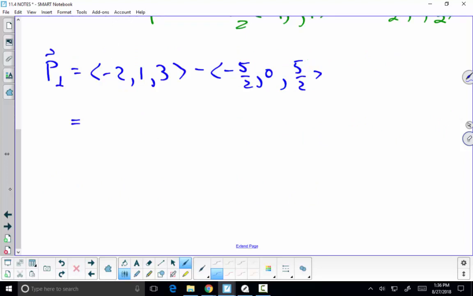So we have 2 plus 2.5, that's 4.5. And then 1 minus 0. Wait, why is it negative? Oh, I can't subtract properly with fractions. So it should just be a positive 1/2. And then 3, so then this one is also 1/2. Yes. All right, good.